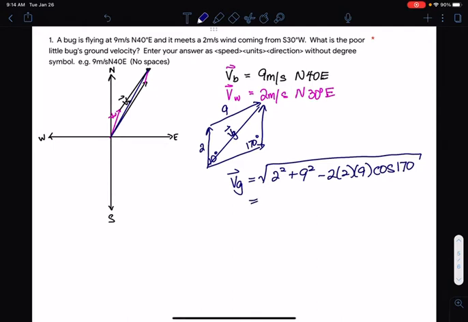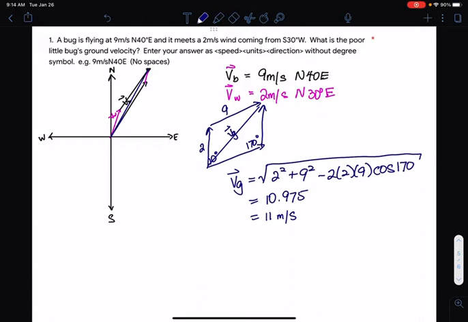I probably should have had that ready in advance. 2 times 2 times 9 times cosine of 170. And that's 10.975. So that's about 11 meters per second.